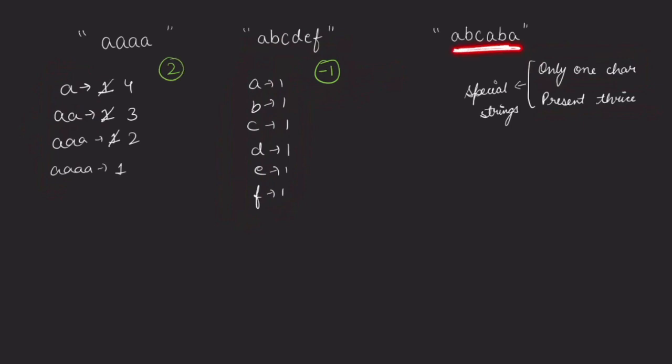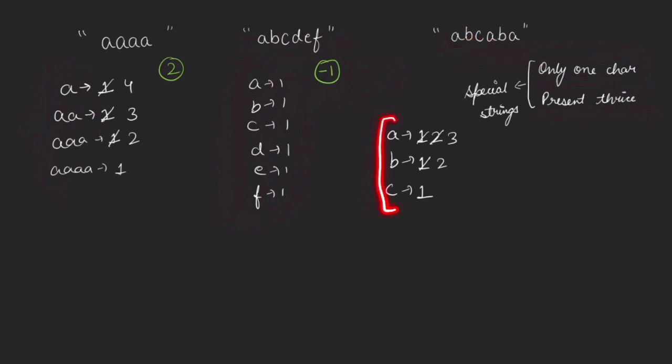Then if we look at this particular example, here this is one substring, then this, then this. So first, let's write down all the substrings of length 1. A is 1, then B is 1, C is 1, then again A is 2, B is 2, A is 3. This is what it will look like. Then for the substrings of length 2, AB cannot take, BC cannot take, CA, AB, BA we cannot take.